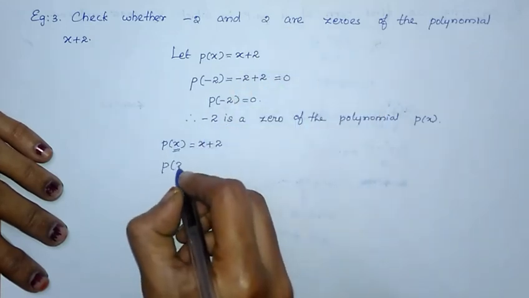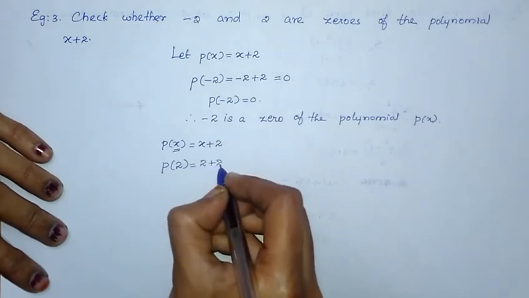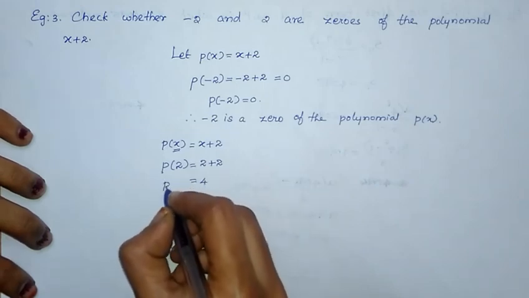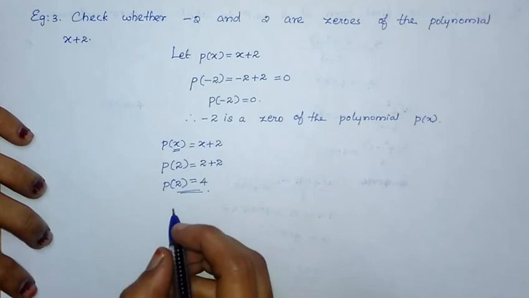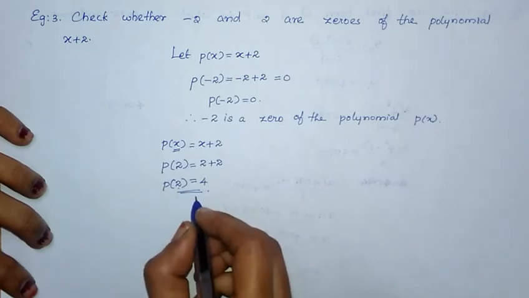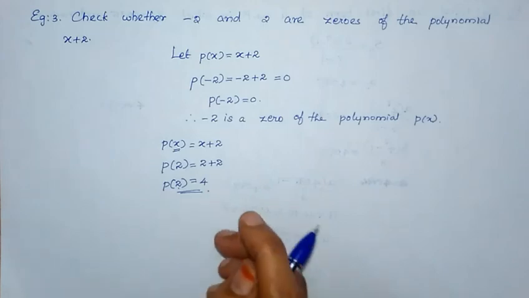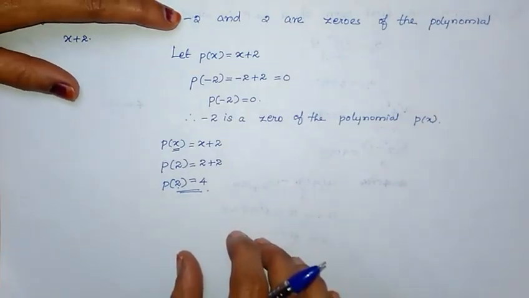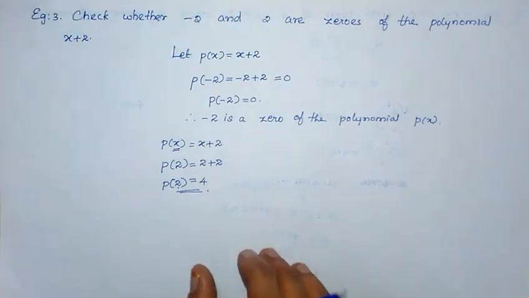So P of 2 equal to 2 plus 2, which is equal to 2 plus 2 is 4. So we got the value of P of 2 as 4. So 2 is not a 0 of the polynomial P of x. So here in this question, minus 2 is a 0 of the polynomial, but 2 is not a 0 of the polynomial.